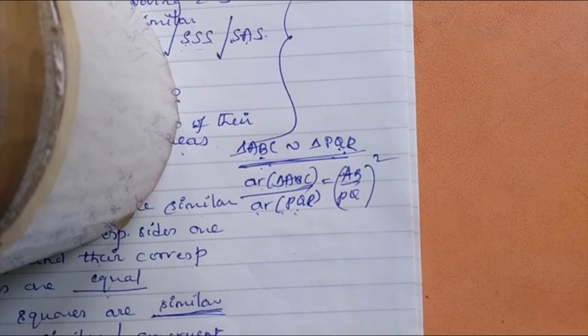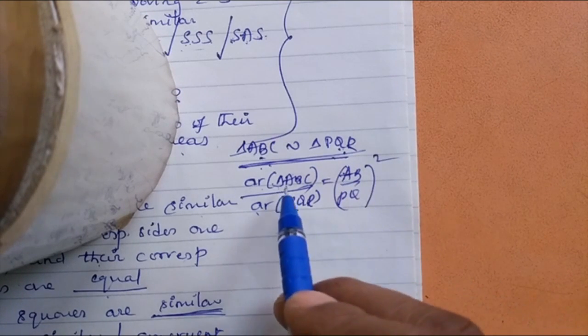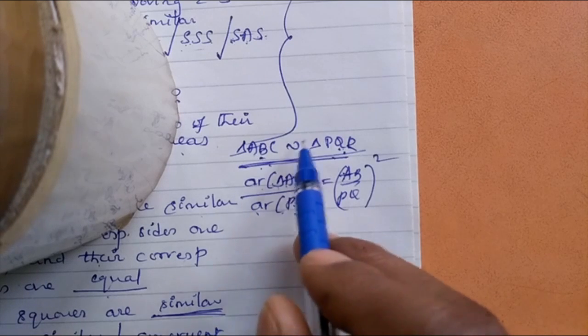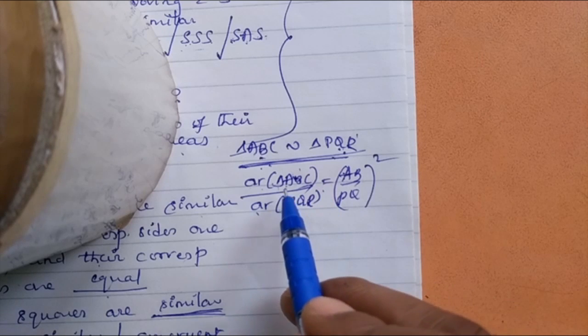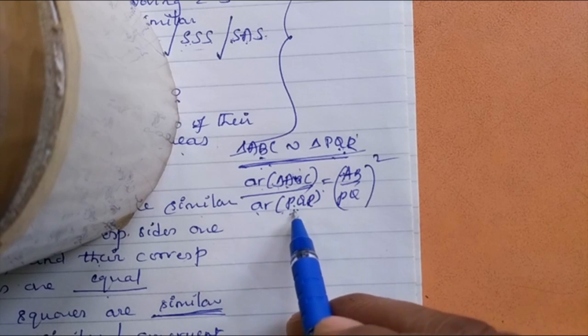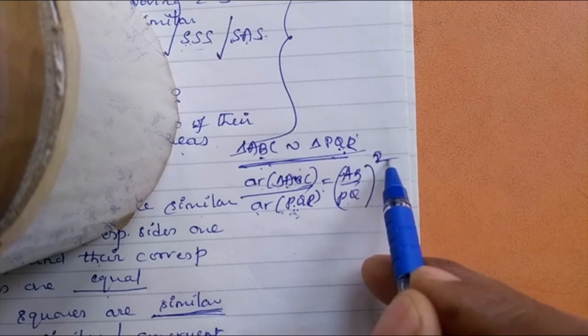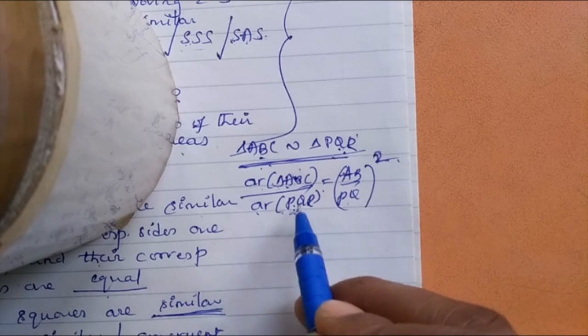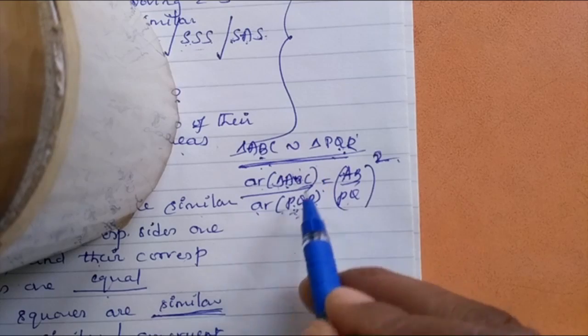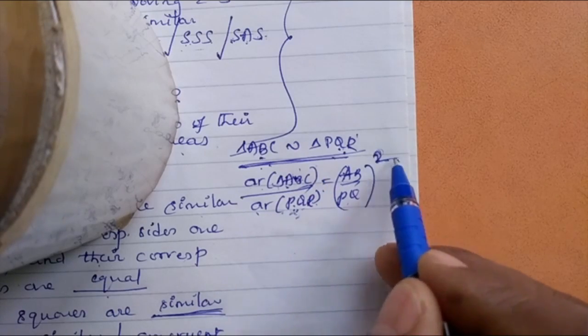In yesterday's class I taught you the same thing. When two triangles are similar, their area ratio is always equal to any one corresponding sides ratio whole square. The squaring is important. Select any one pair, AB by PQ or BC by QR or AC by PR, but go for squaring.